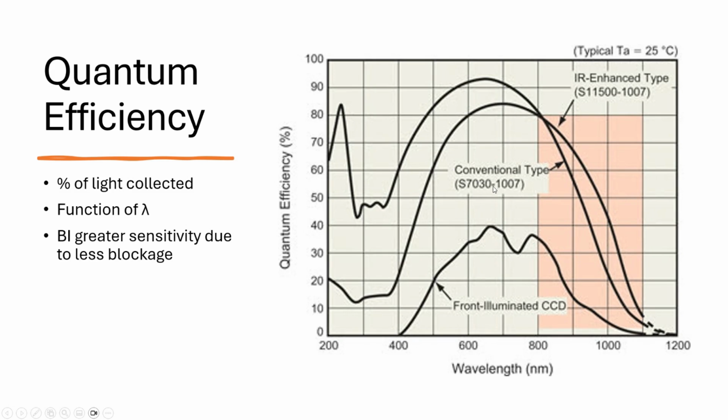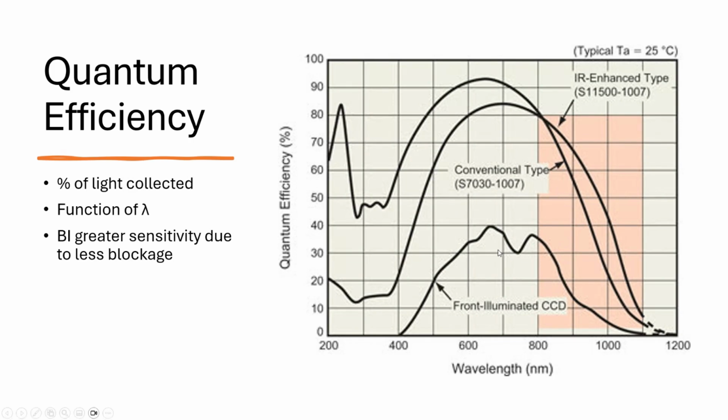I can't remember exactly what company these are, but the takeaway point here is that the quantum efficiency of a back illuminated chip is, generally speaking, 2 or 3 times better than that of a front illuminated chip.